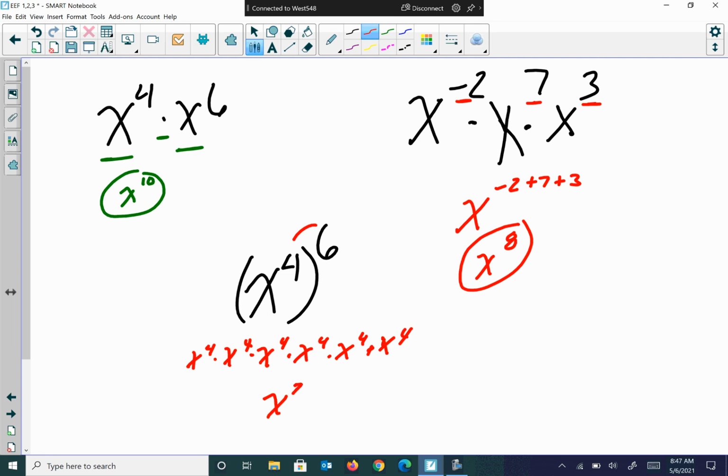So that's x to the 24th. So power to power, you multiply the exponents. Holy moly, guacamole. That gets to be a big thing quickly.